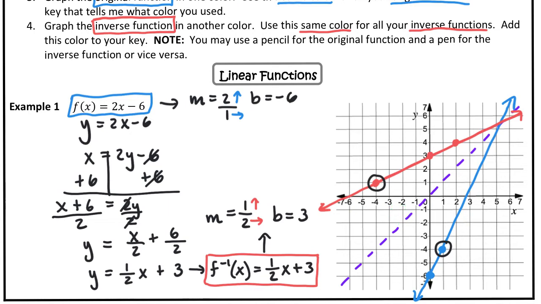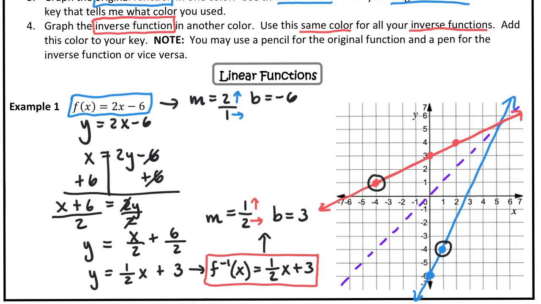So I just wanted to point out that extra point there, just to confirm that the red and the blue are inverses. So how do we know that they're inverses? If I just look at the graph, this diagonal is going to cause a reflection. The blue is going to be reflected across the purple to form the red.